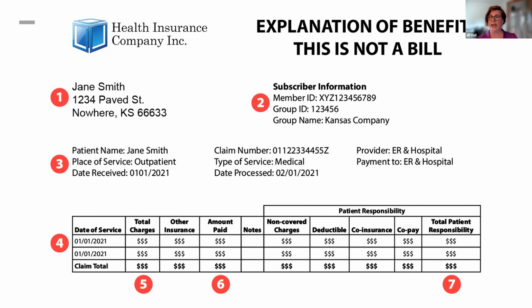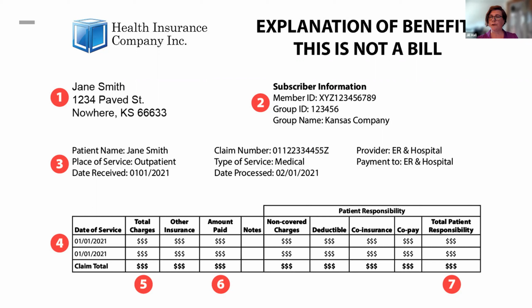Below that general information, you'll see accounting details. But the first thing you might notice when you open an EOB is the sentence, "This is not a bill." Too often people see that and then they don't give the EOB much further consideration.